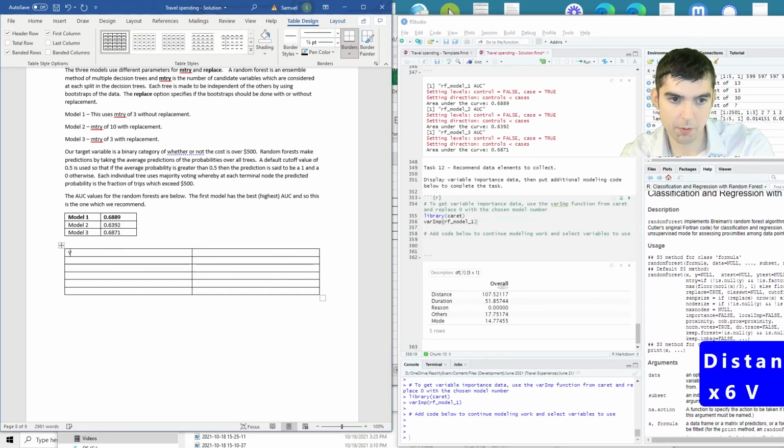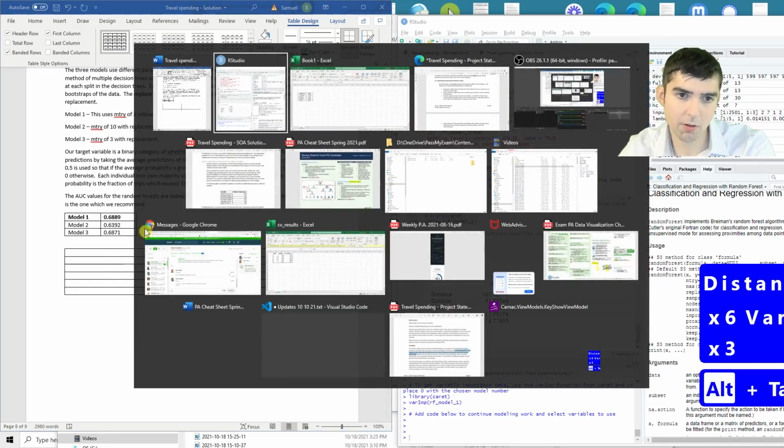So this is the variable or data. What's the language that they use?